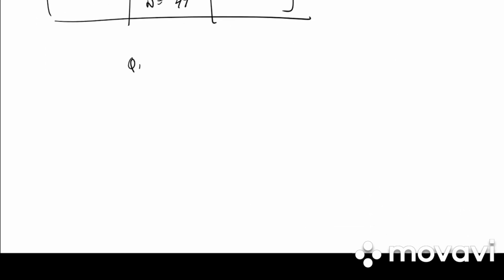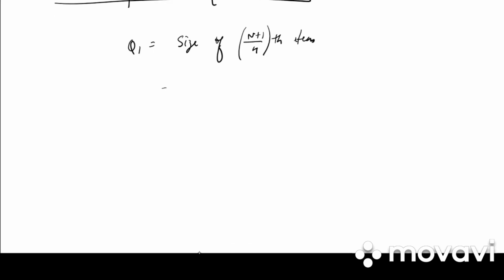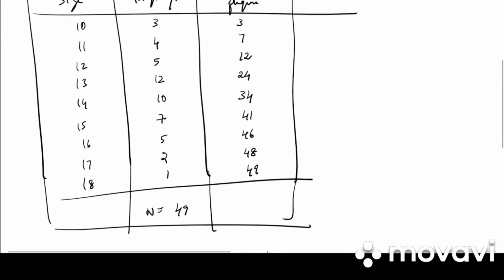So we need to find Q1. What is the formula? Size of n plus 1 divided by 4th item. So what is n? 49 plus 1 divided by 4. 50 divided by 4, that is size of 12.5th item, which is approximately 13.